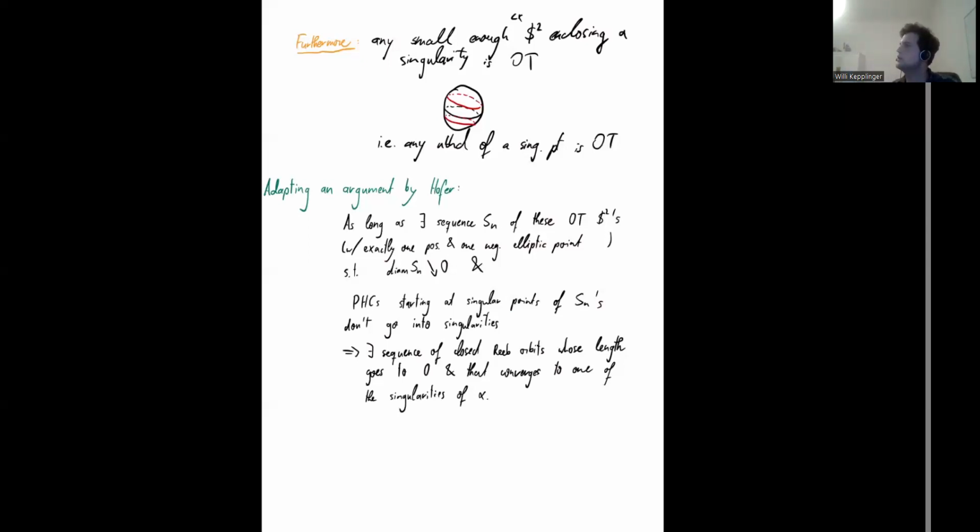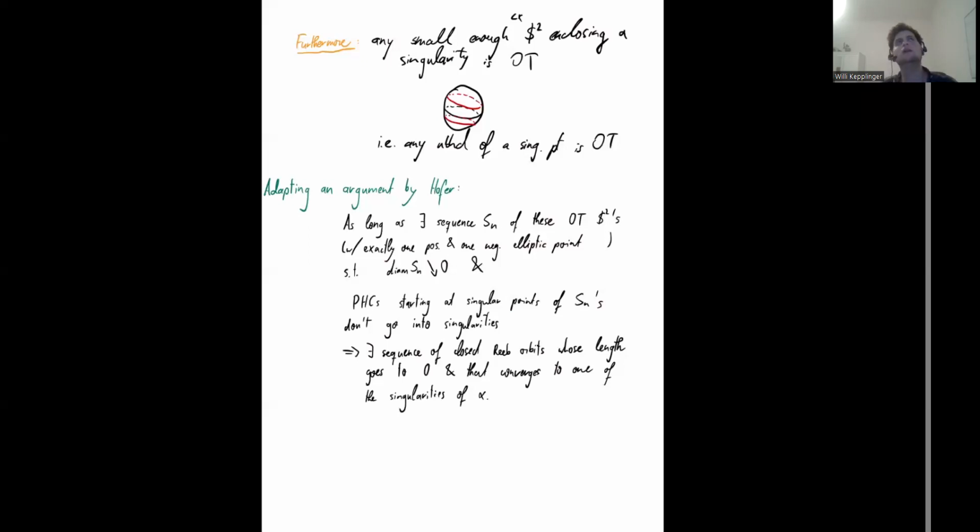Maybe I should have said this earlier, but these singular contact forms, you can think of them as contact forms that are defined just in the complement of a punctured three-manifold. And so you can look at their associated Reeb vector field. If the hypotheses that I talked about are satisfied, then there exists a sequence of closed Reeb orbits whose length goes to 0, and at least a subsequence that converges to one of the singularities of alpha. It just vanishes towards infinity, or however you want to think about this. That's, I think, pretty cool.